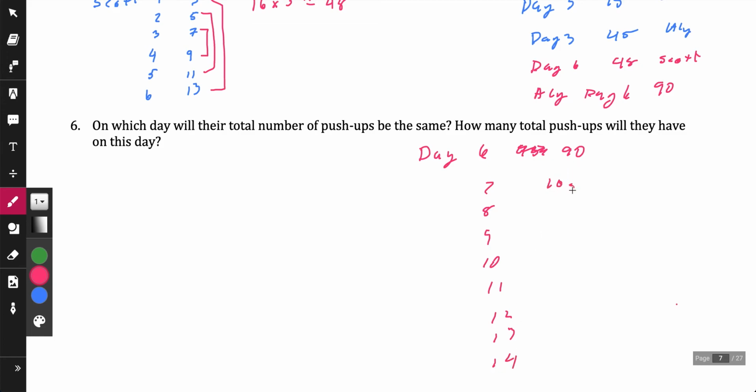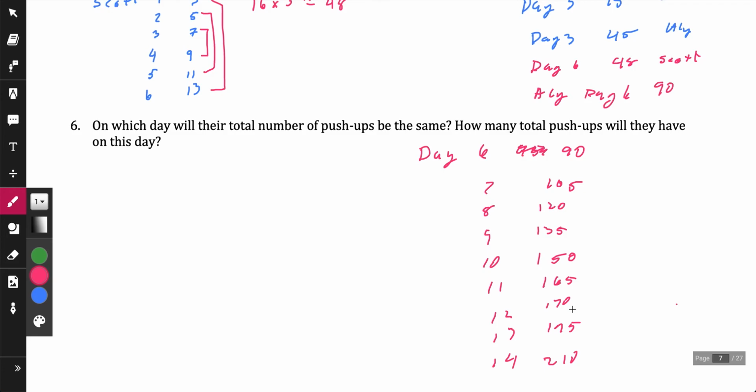So this will be like 105, 120, 135, 150, 165, 180, 195, and 210.